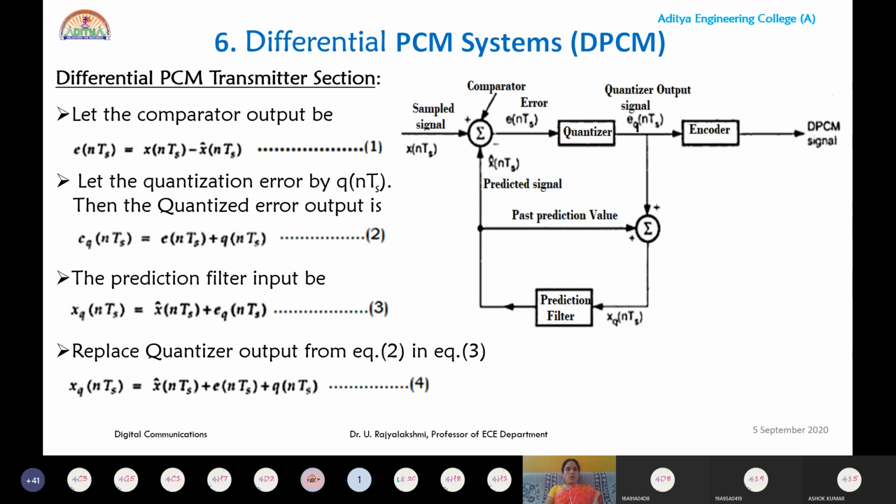Now, upon replacing equation 2 in equation 3, you can get XQ of NTS, that is the prediction filter input, as X cap of NTS, that is sample data, plus error signal, that is the comparator output, plus quantization error, Q of NTS. So take this equation as 4. So I think this circuit is clear to all of you. Okay, let us move to the next slide so that you can observe.